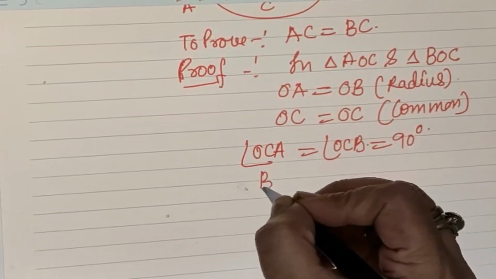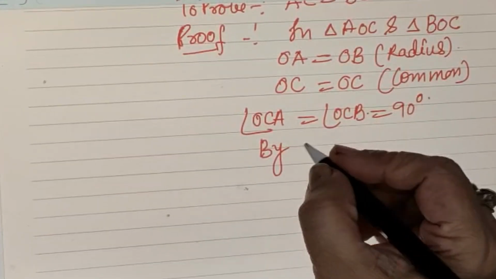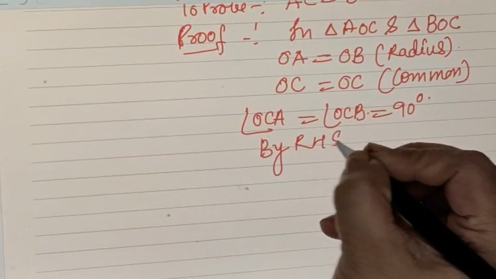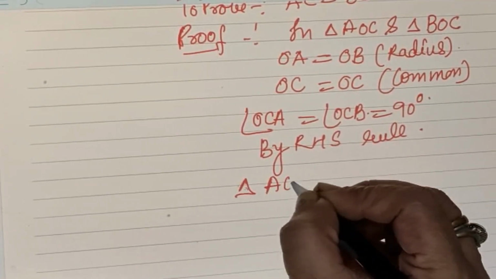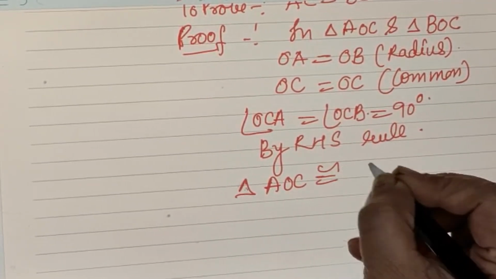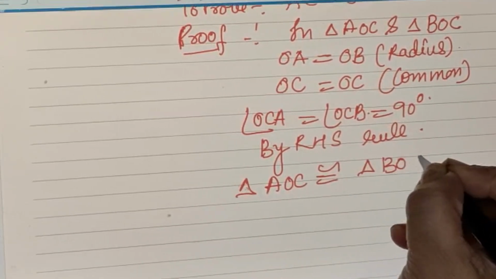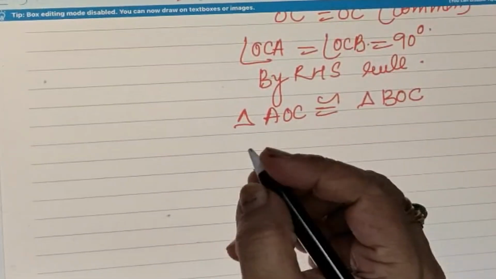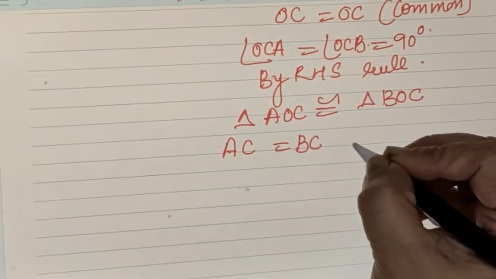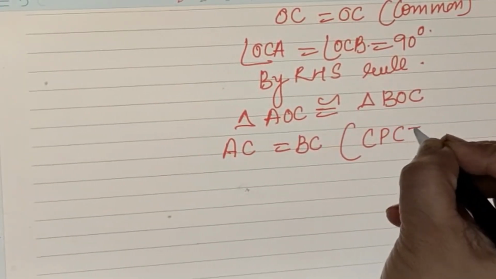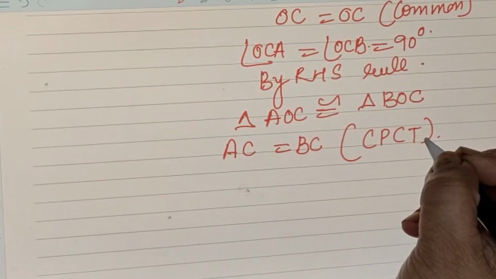So by RHS rule, triangle AOC will be congruent to triangle BOC, correct? And when you make the triangles congruent, AC and BC are equal using the property CPCT. All of you understood?